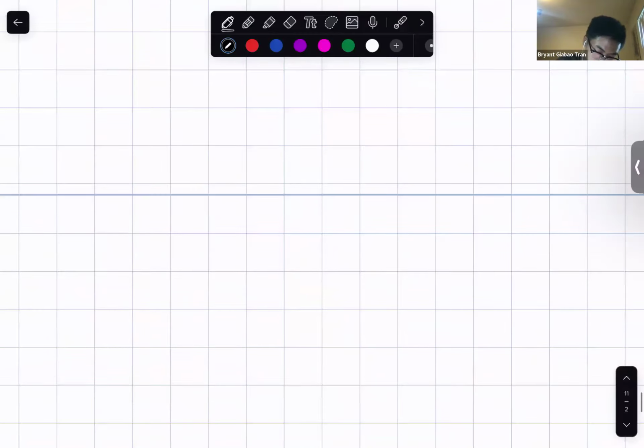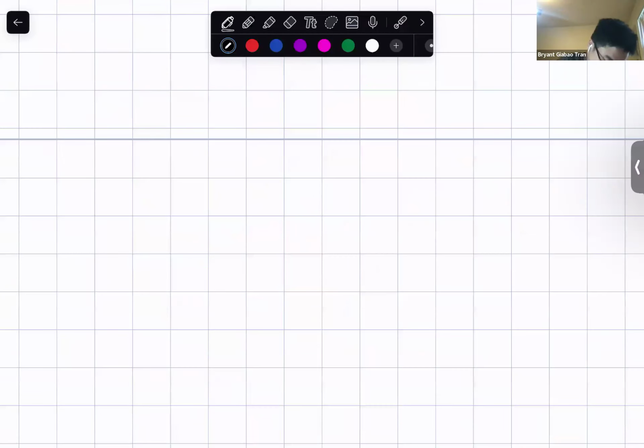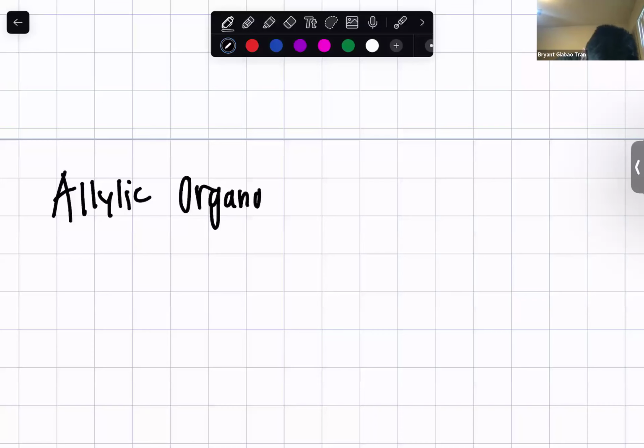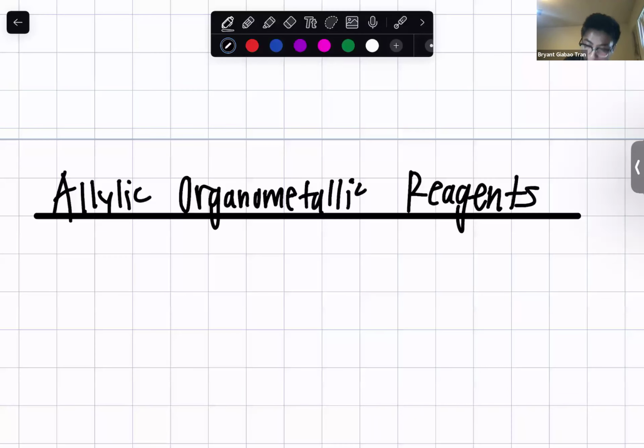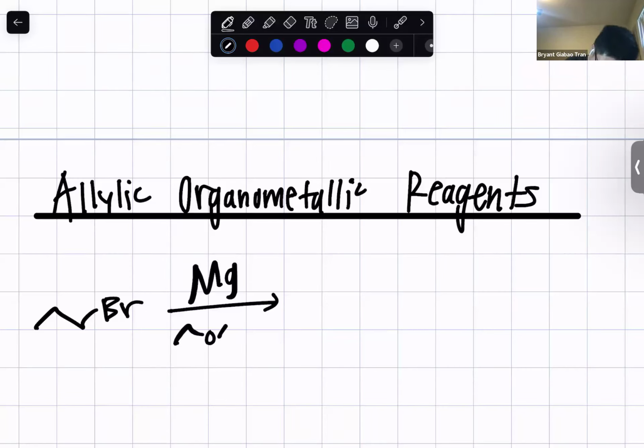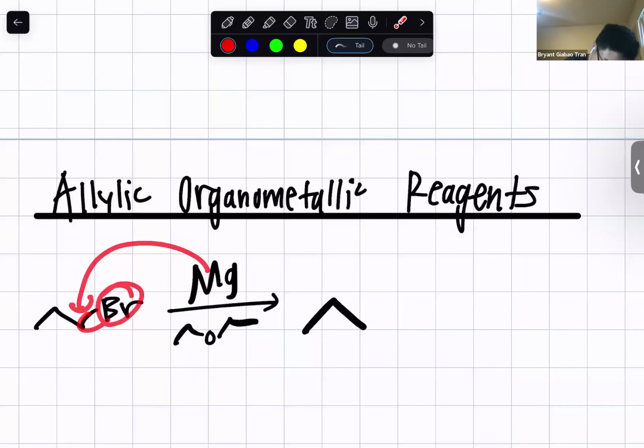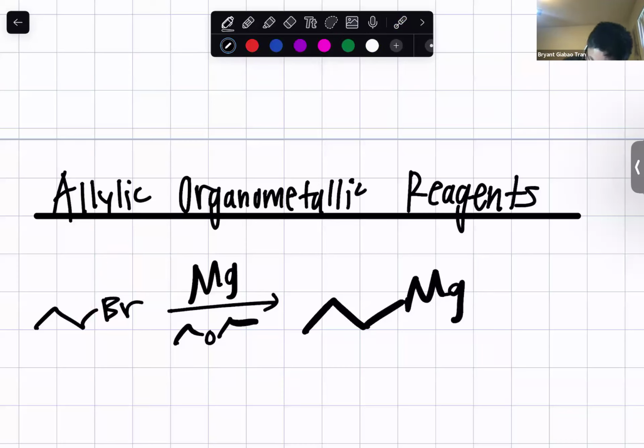Now we could go over allylic organometallic reagents, where it's going to be the exact same reaction as in 118A. When we have a haloalkane like that with the bromine, and we put that through Mg, ether, that is just going to insert itself between that carbon and bromine, creating your Grignard reagent here.